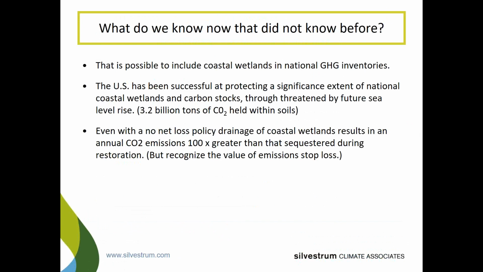And this has protected coastal stocks, though existing wetlands are threatened by future sea level rise. Even with the no net loss policy, drainage continues within a certain area of coastal wetlands around the US, which is leading to an emission that is taking place. And that emission, as I mentioned, is roughly 100 times greater than the sequestration that we see with restoration projects.